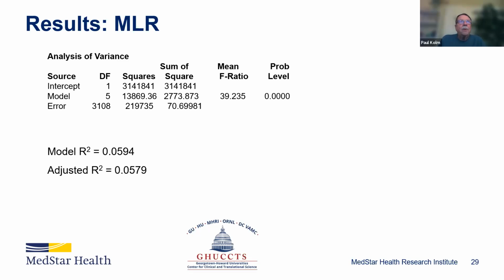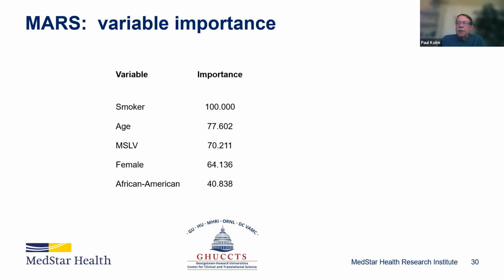So what we want to see is, does MARS do any better? With MARS you also get a list of the variable importance, and in this case it scales the variables from 0 to 100 as a percent importance.